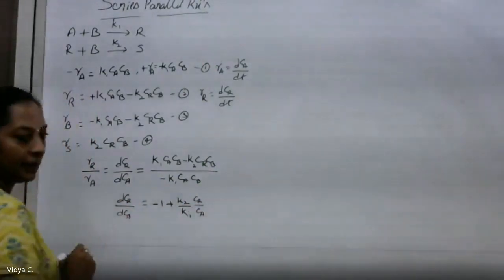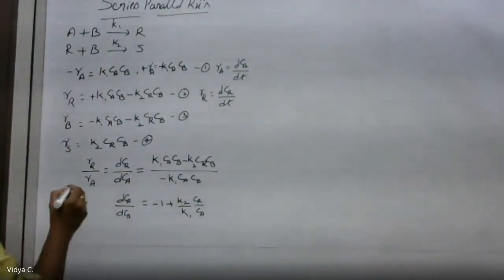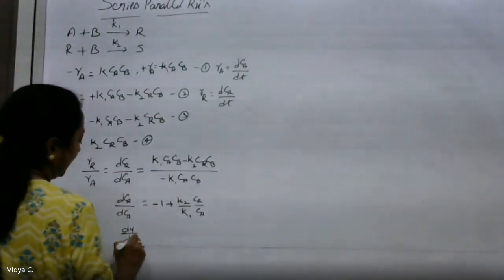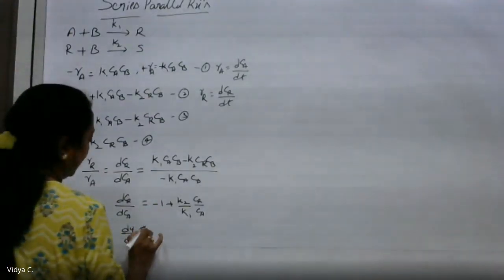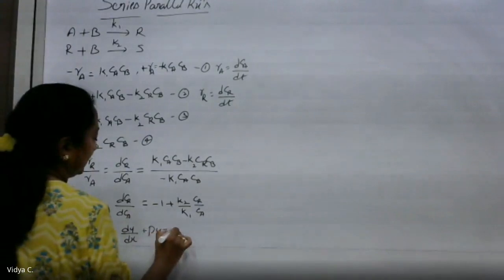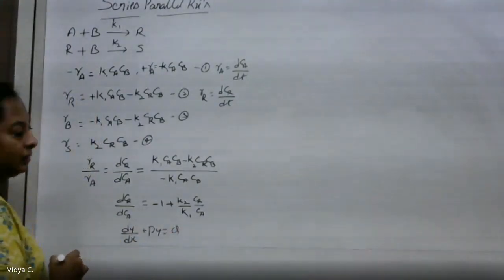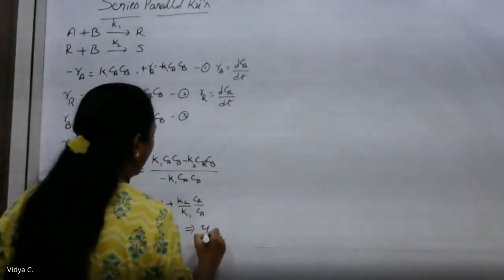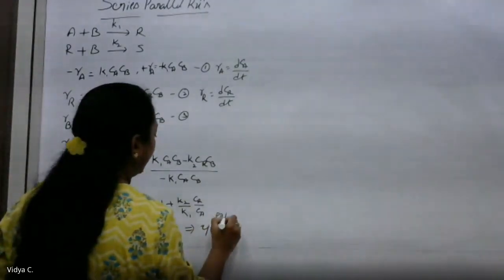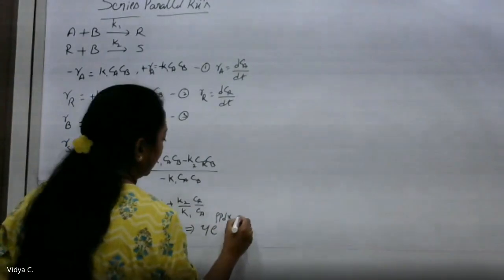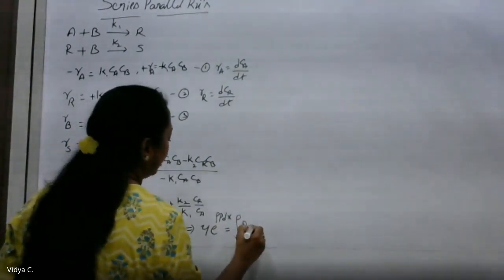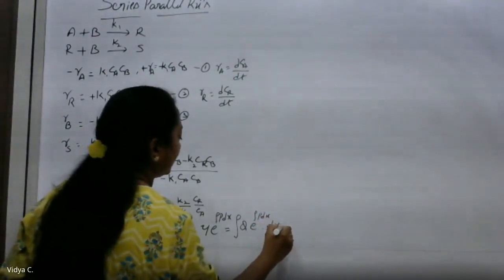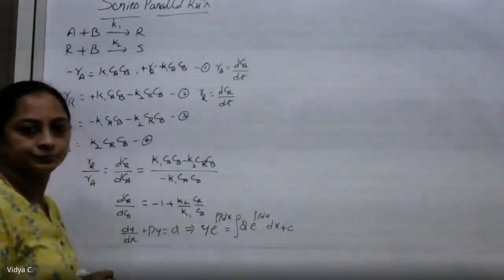Now this is of the form dy by dx plus py is equal to q, and you know the solution for this equation. The solution is y into e to the power of integral p dx is equal to integral of q into e to the power of integral p dx into dx plus c.